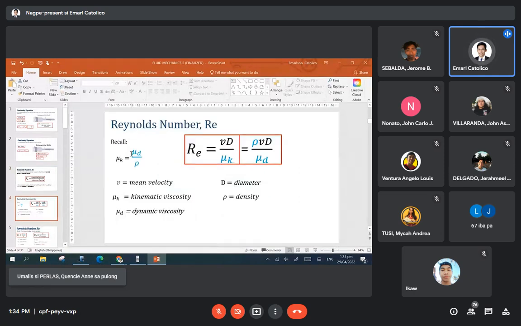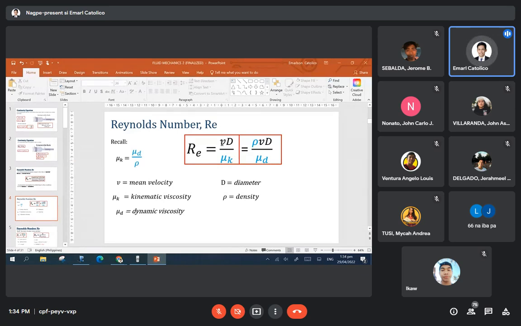So recall lang natin, kinematic viscosity is equals to dynamic viscosity divided by density. Since Reynolds number is inertial forces over the viscous force, pwede natin siyang i-write as velocity times diameter over the kinematic viscosity.